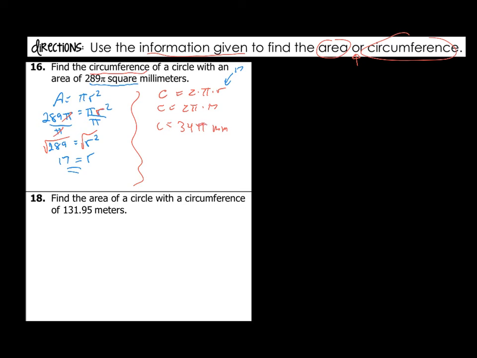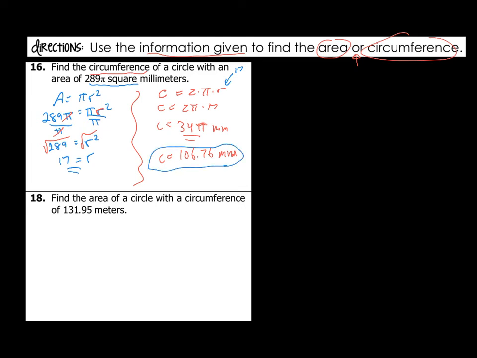And again, that's pi. I can leave that as an answer, or I can round to the nearest hundredth and multiply 34 times 3.14. That's going to give us 106.76 millimeters. So that's our final answer.